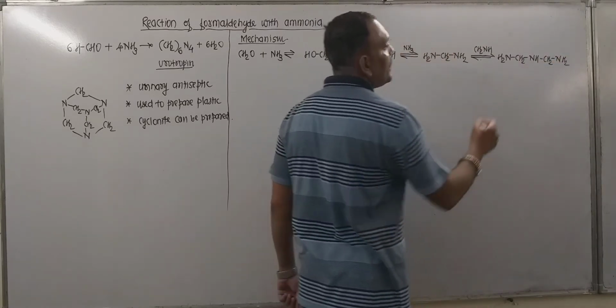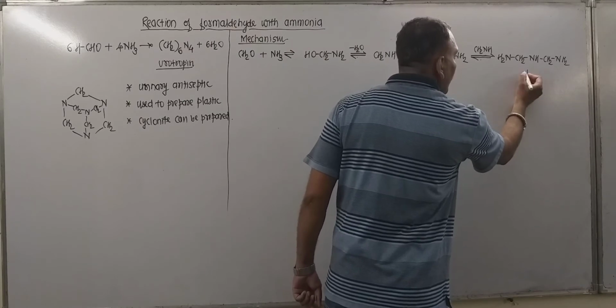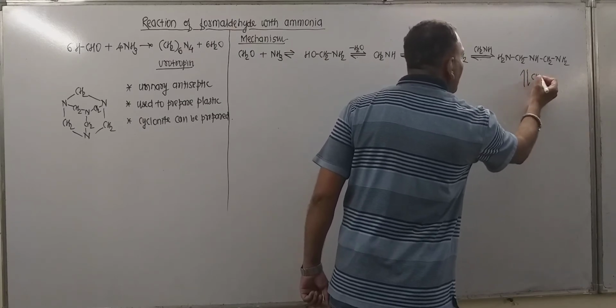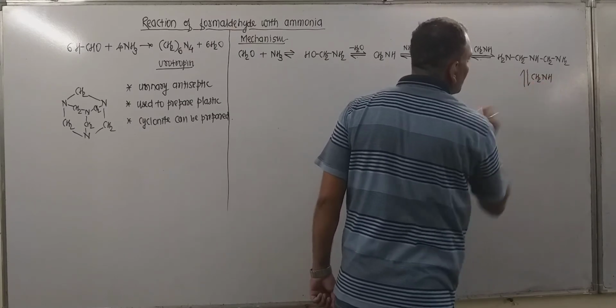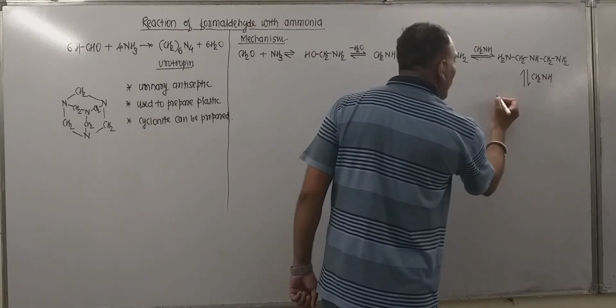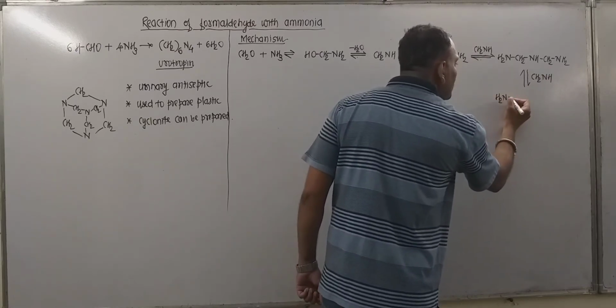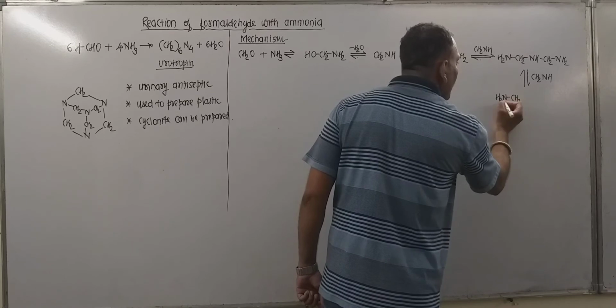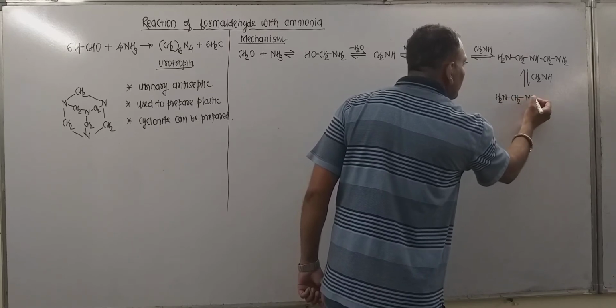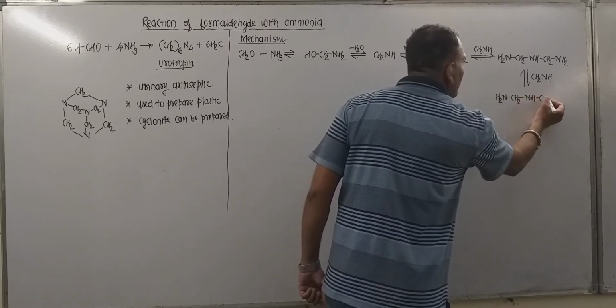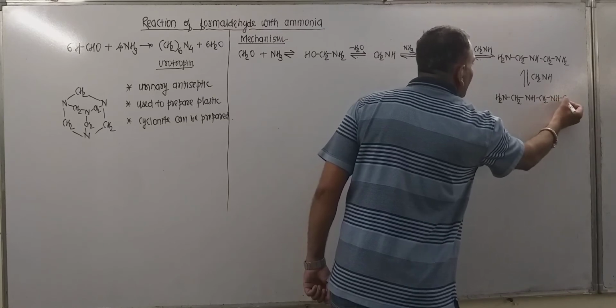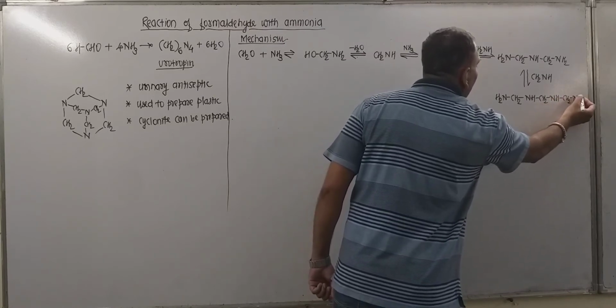Now this addition product again combines with imine, that is CH2NH, and at this point another addition product which can be given as NH2CH2NHCH2NHCH2NH2.